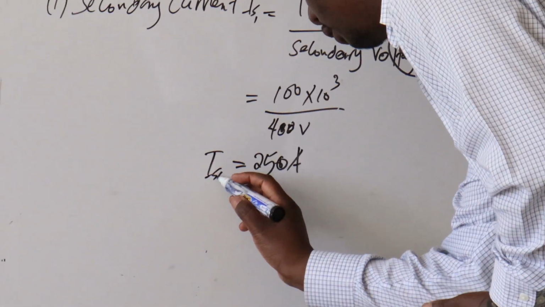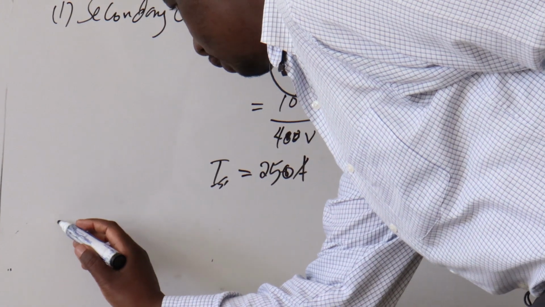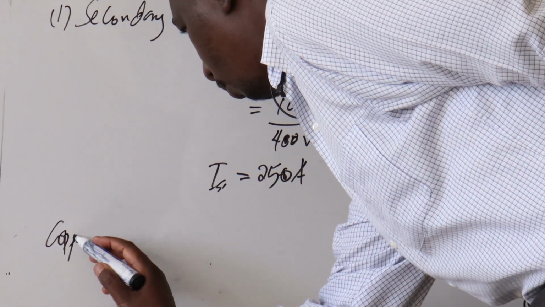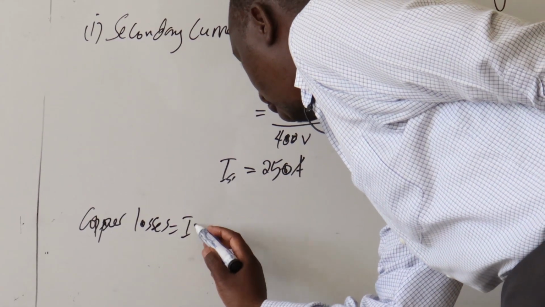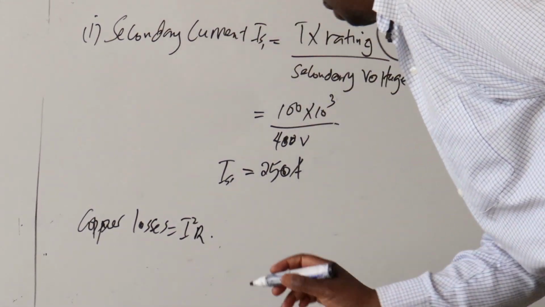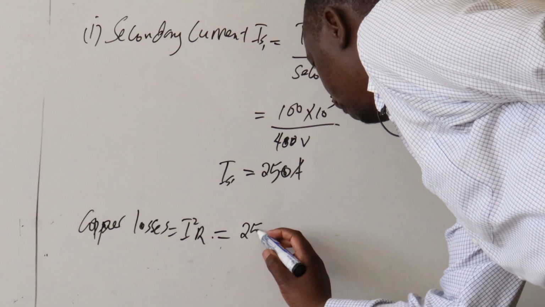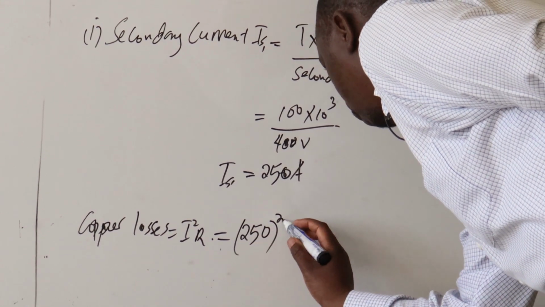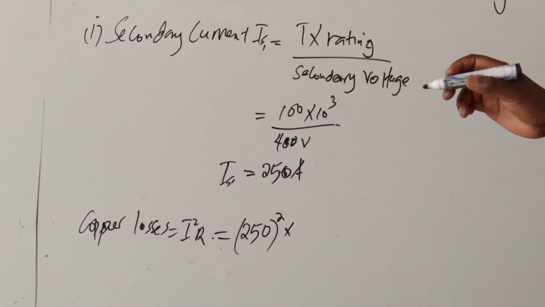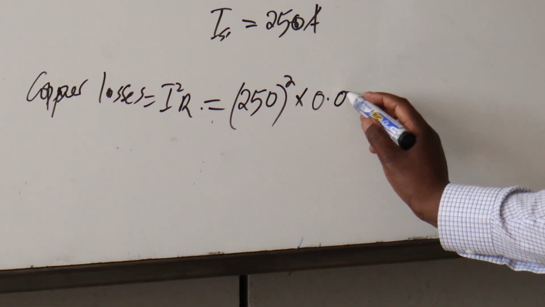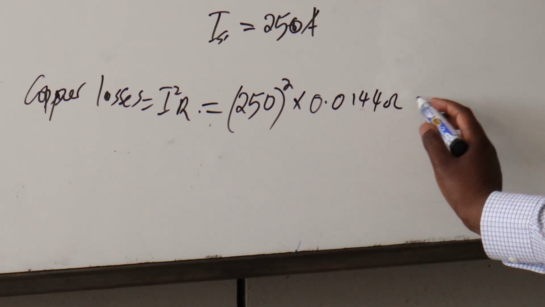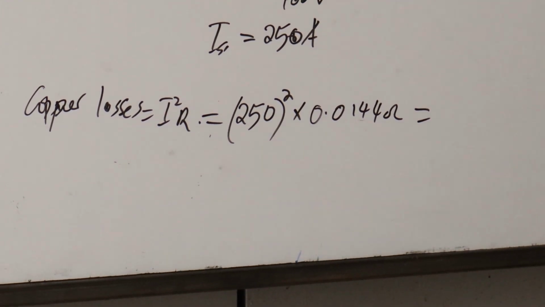This is IS. Then copper losses are I squared R, which means 250 squared multiplied by the equivalent resistance of 0.0144 ohms.